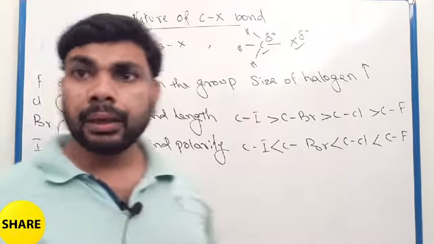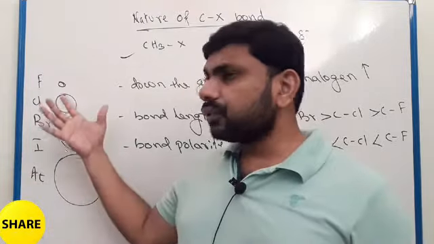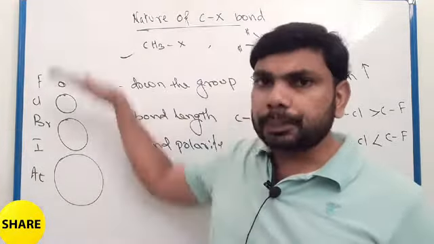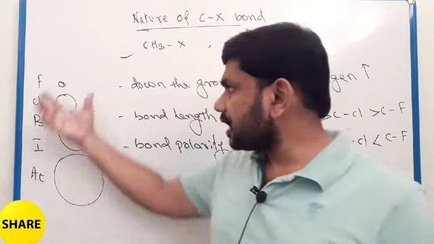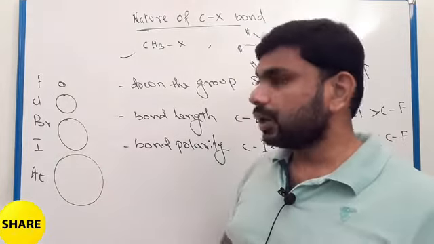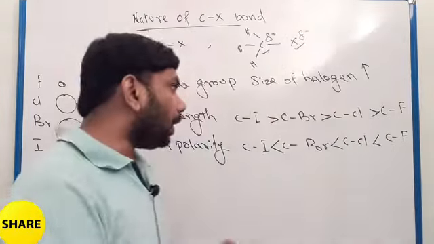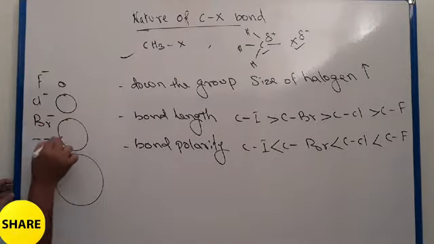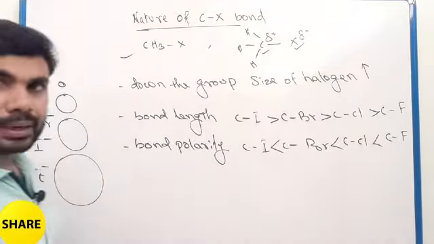Clear? Look here, these are the halogens: fluorine, chlorine, bromine, iodine. From top to down in a group, we know atomic number increases and the size of the atom increases. We know all these halogens form a single negative charge: F minus, Cl minus, Br minus, I minus.